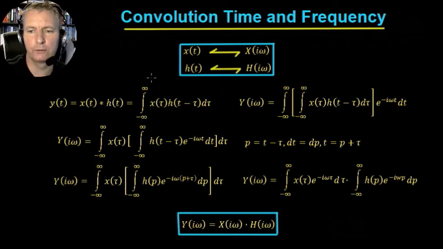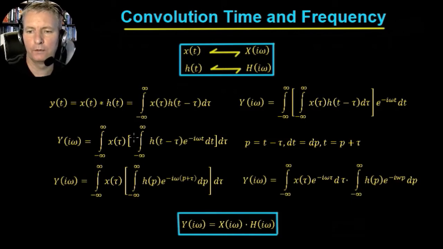So we'll go ahead and Fourier transform this. The Fourier transform y of i omega is the integral from minus infinity to infinity of some function times e to the minus i omega t dt. In this case, the function we want to find the Fourier transform of is the convolution, which is this function here, so we just put it into the Fourier transform.